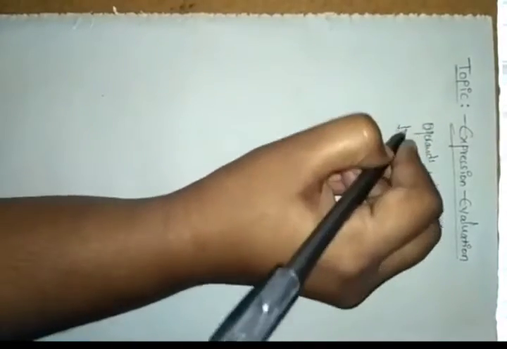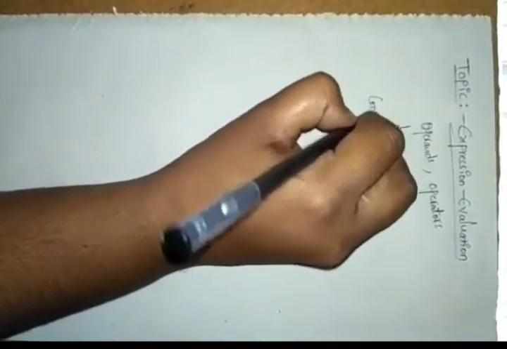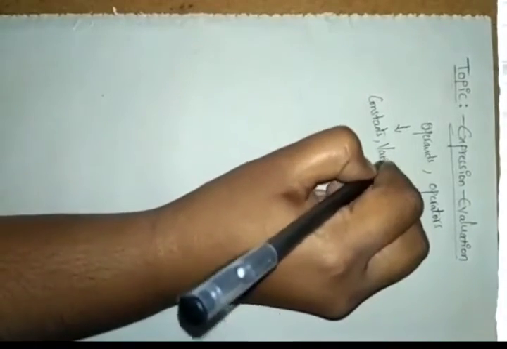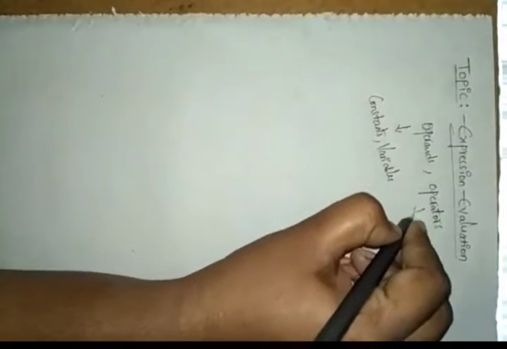Here the operands are constants and variables, and the operators are the 8 operators that can be performed in this. Your expression is the combination of operands and operators.